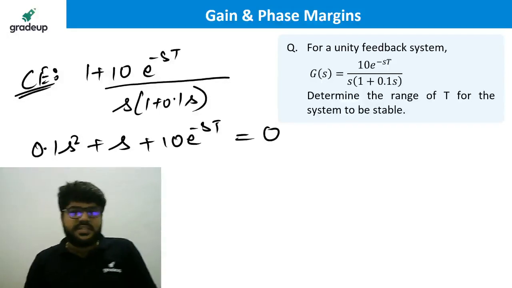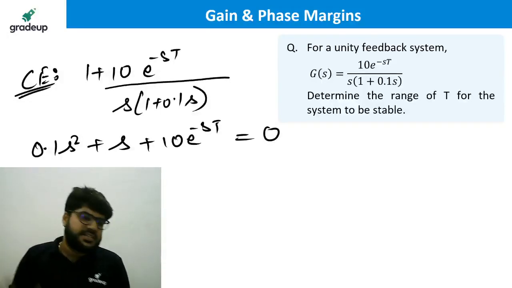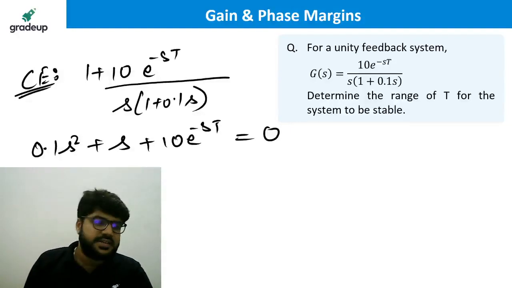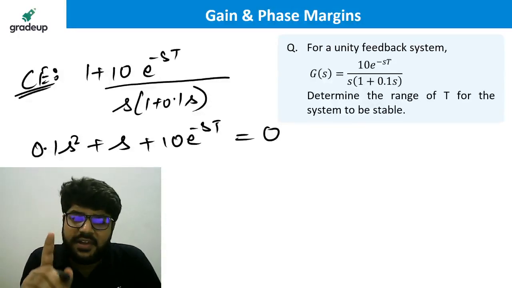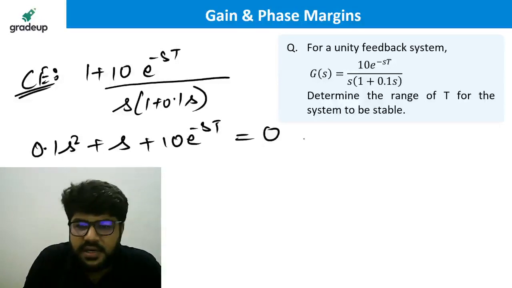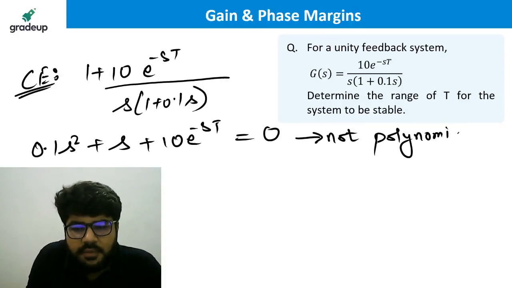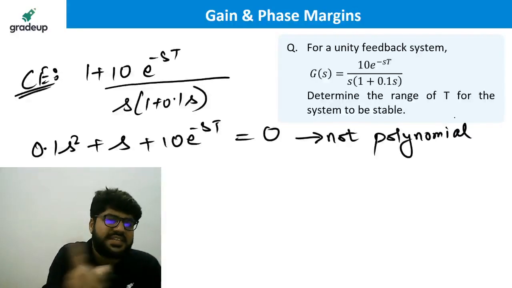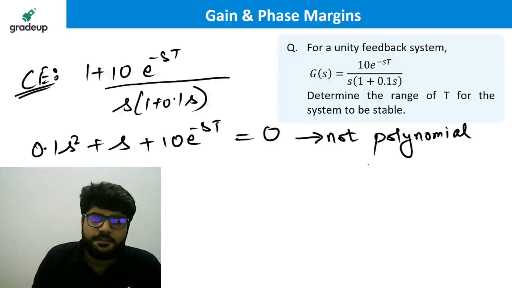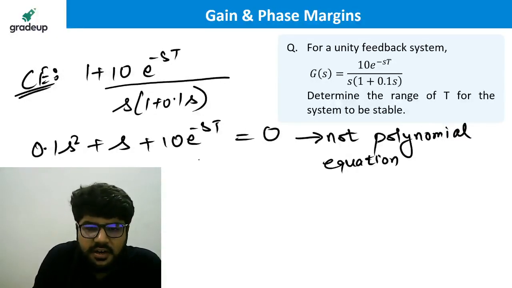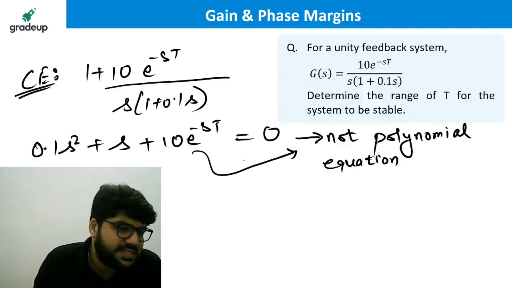We have solved some questions by RH on the range of T for the system to be stable. What is one of the limitations of RH? I told you RH is to be applied whenever it is a polynomial equation. Polynomial means only powers of s square, s cube, s power 4. This is not a polynomial equation because of the term e raised to the power minus st.